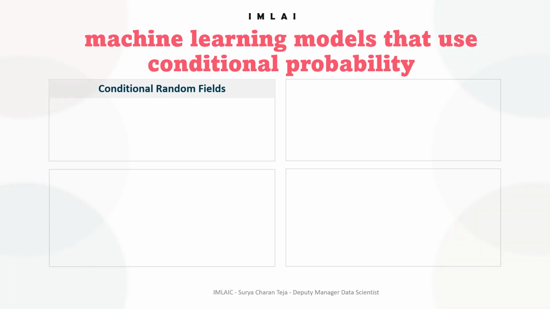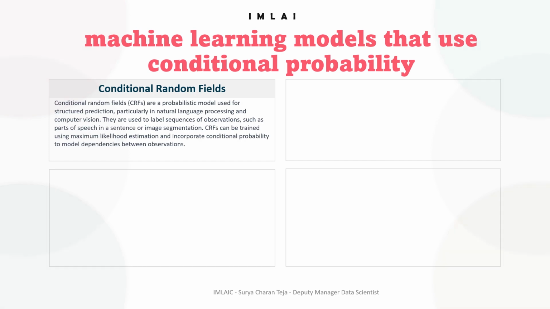Conditional random fields are discriminative models that model the conditional probability of a sequence of labels given the input sequence.